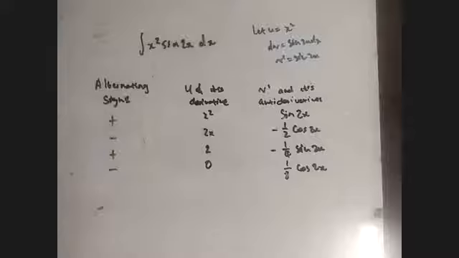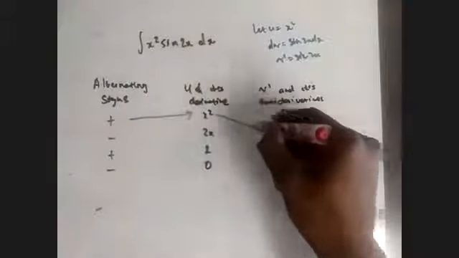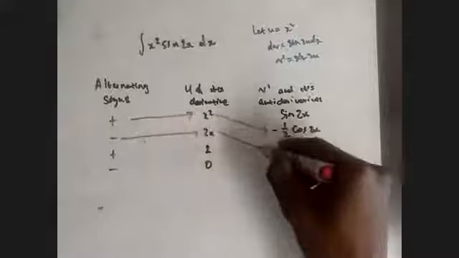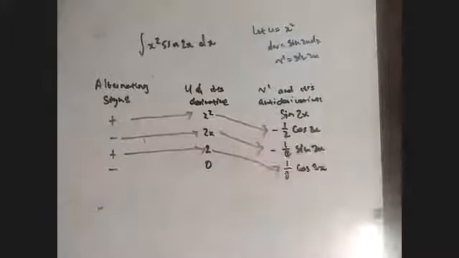So what we're going to have from this one, you're going to multiply this and that, then multiply the 2 with this, multiply this and that, multiply the 2 with this, multiply this and that, and multiply the 2 with this.